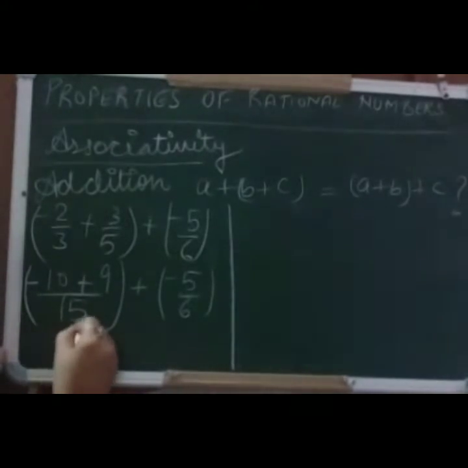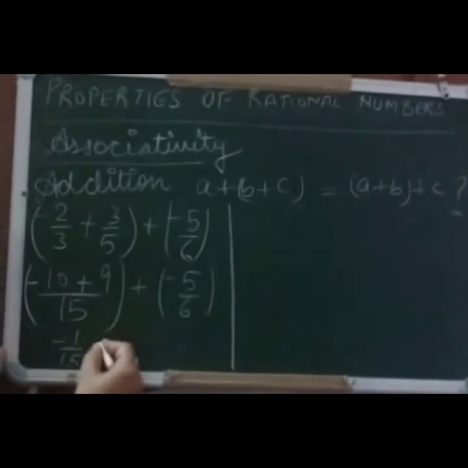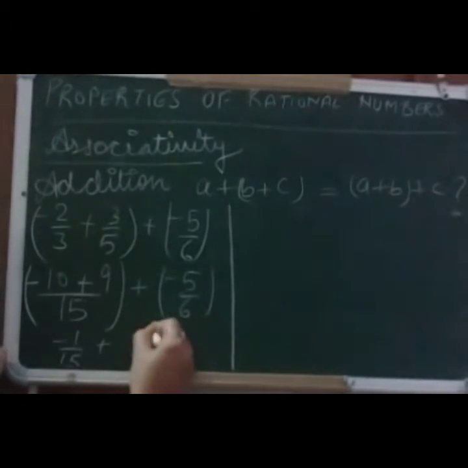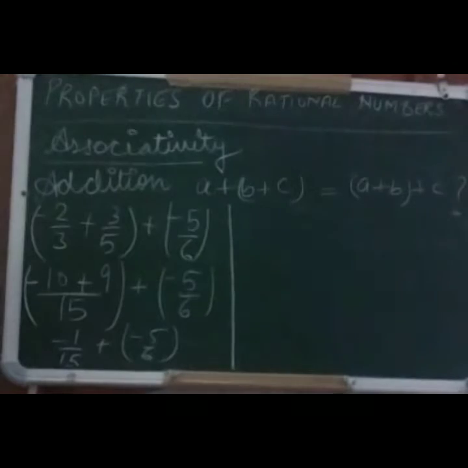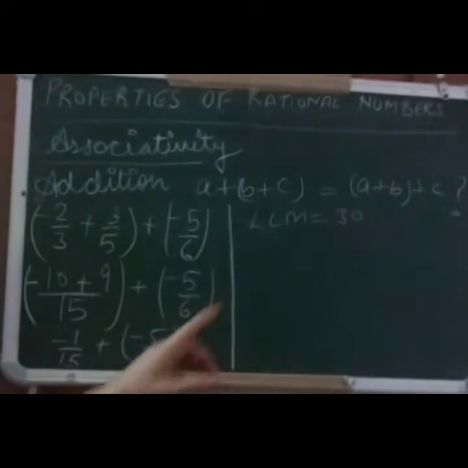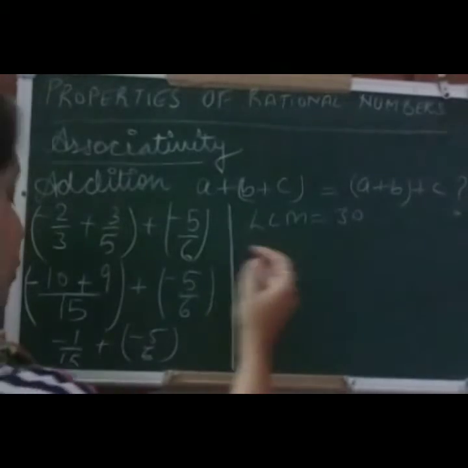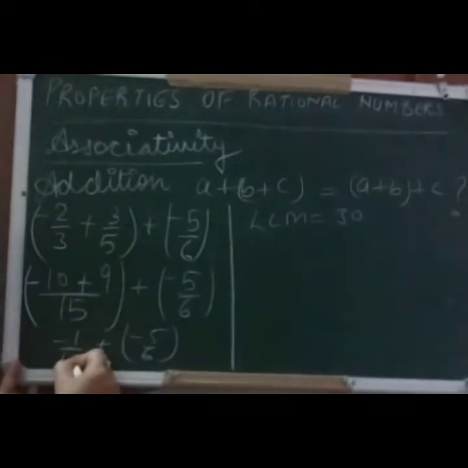Now this is minus 1 by 15 plus minus 5 by 6. Now we will find the LCM of 15 and 6. Here the LCM is 30. Now we will make it 30, 15 into 2.